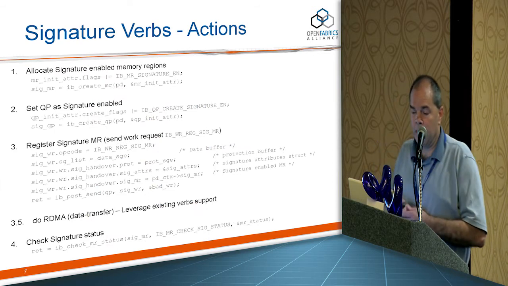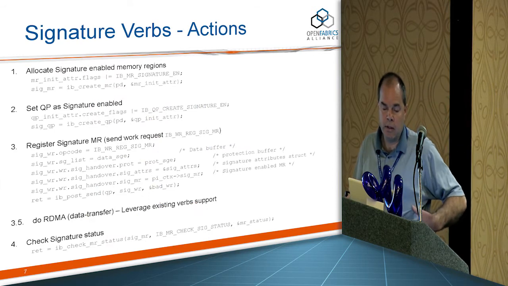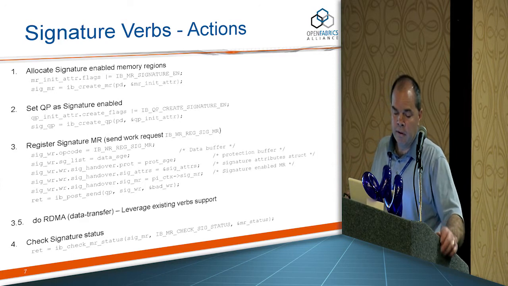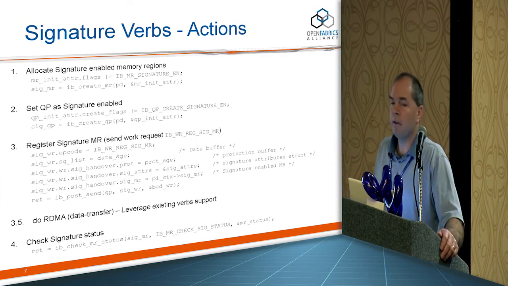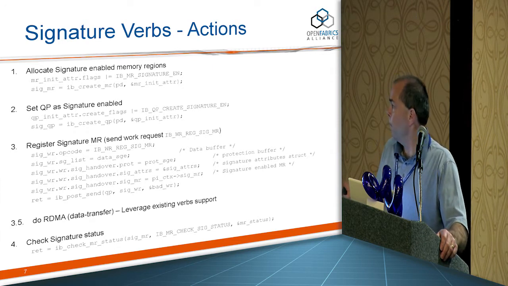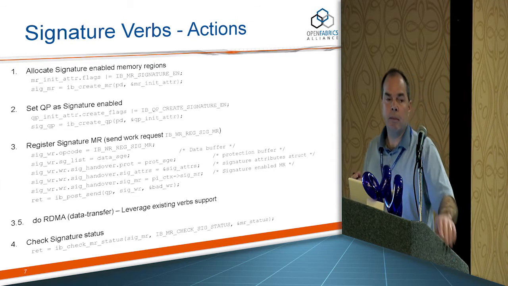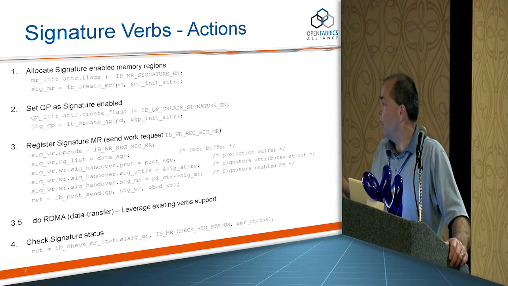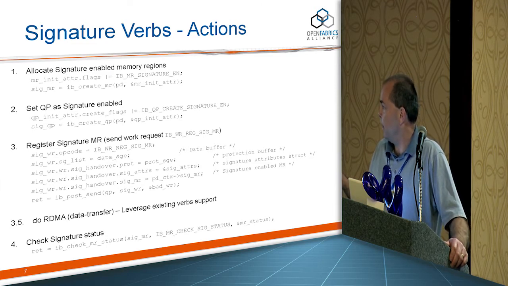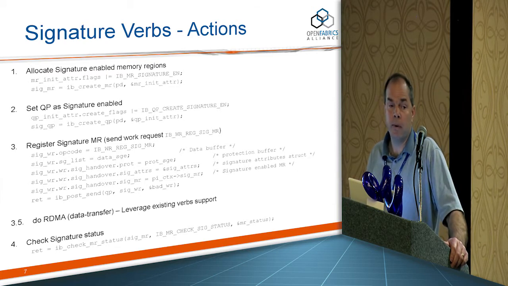From a Verbs API perspective, the extension to support this involved basically extending four functions in the verb interface. One is adding a new verb to create memory protection regions that also lets you describe the particular memory key as providing signature support.